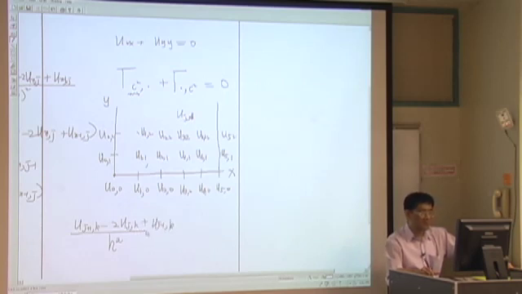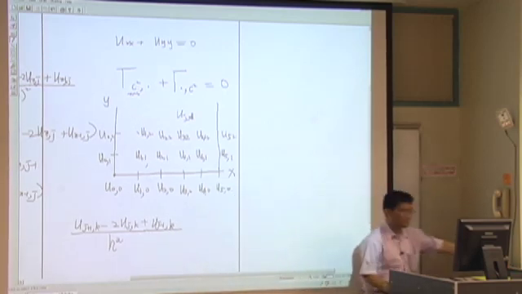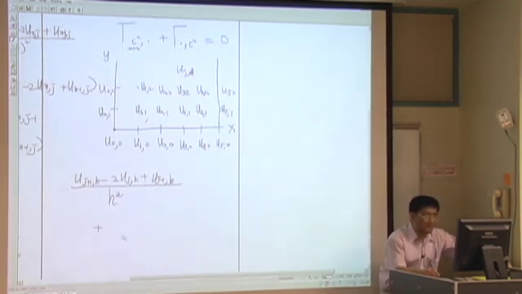Do you follow me? This is the directional derivative, right? This directional derivative. And then the other one, h squared, u j, k plus 1, minus 2 times u j, k, and then u j, k minus 1 equals 0.